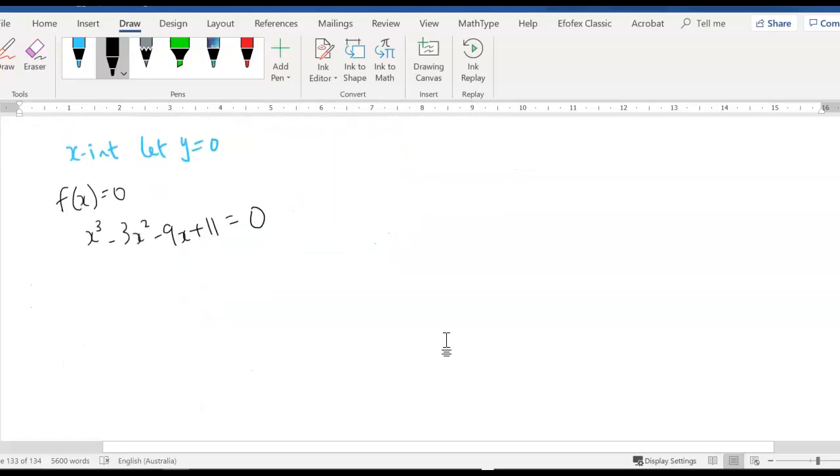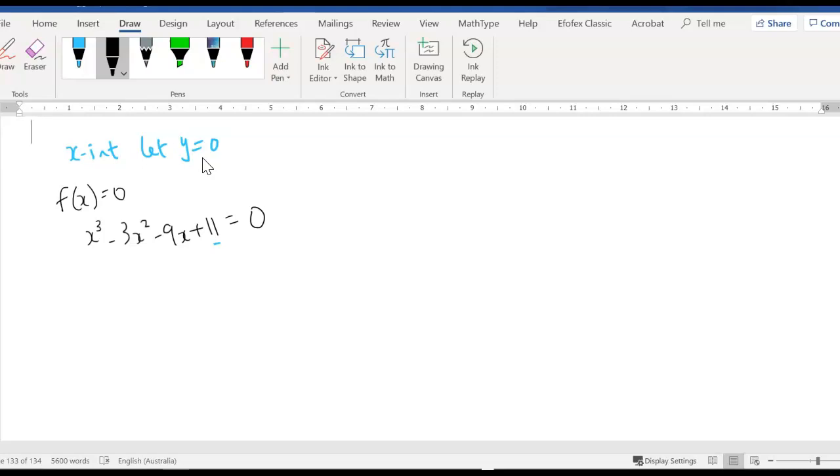Now, we can't easily factorize that. I can't take out a common factor for any of them. So what I need to use is the factor theorem. I'm going to look at the constant term, the term at the end, and think about what the factors of that number are. So the easiest one is 1. Always try 1 because 1 is going to be a factor of all numbers.